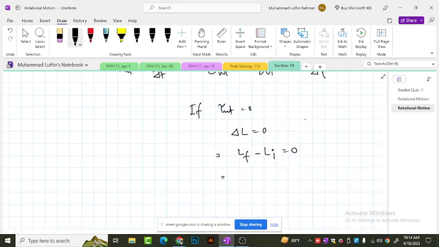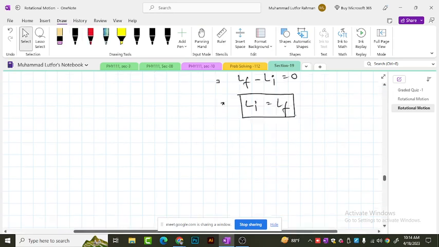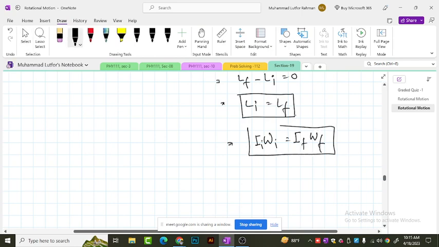So then I can write Li equals Lf, which means the angular momentum must stay the same, provided the torque on the system is 0. And we can also write the angular momentum as I omega. So I omega initial equals I omega final. This is known as conservation of angular momentum.